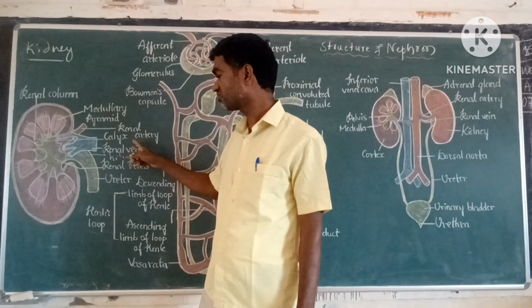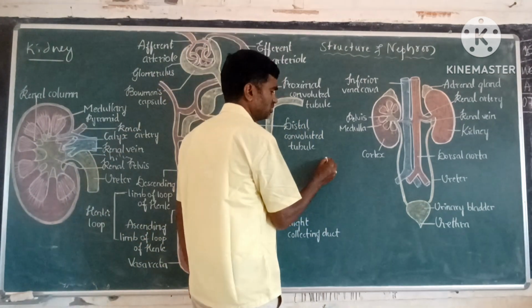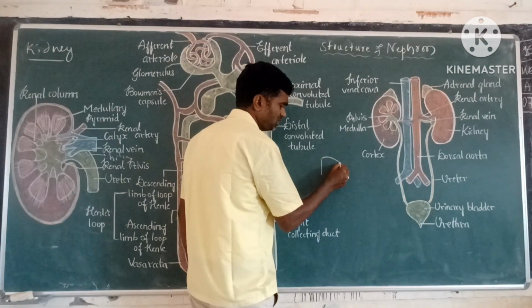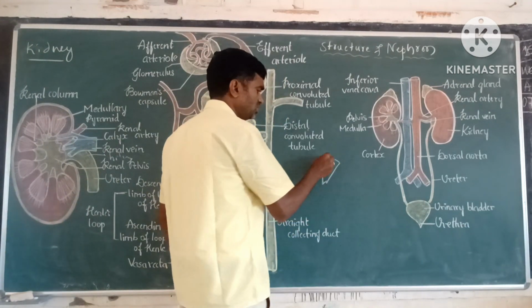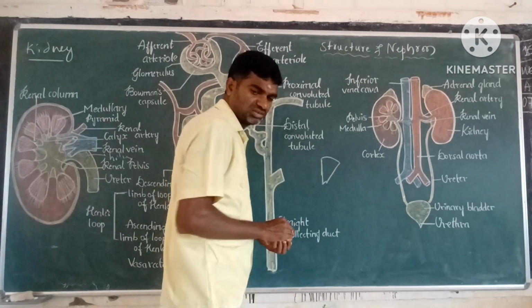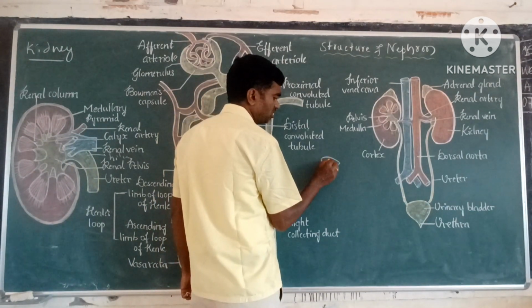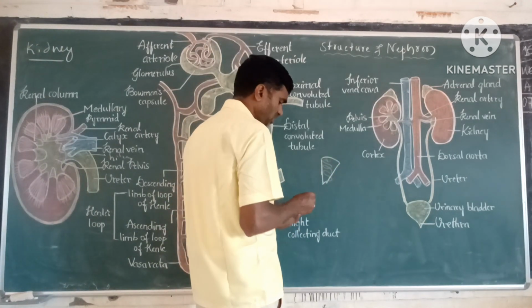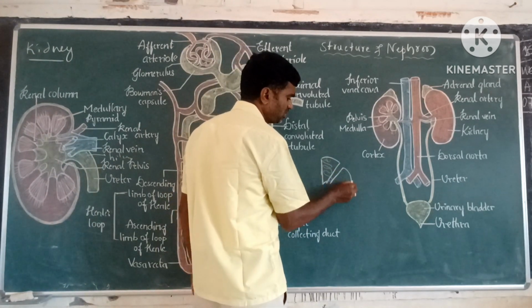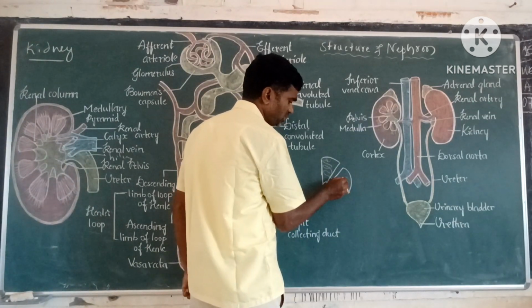Next, this is the renal pyramid. Each and every renal pyramid contains nephrons. Here is another renal pyramid, and here also nephrons are there.